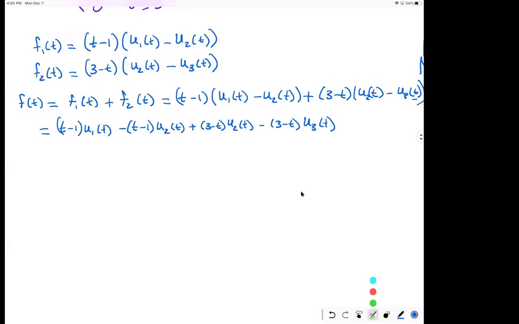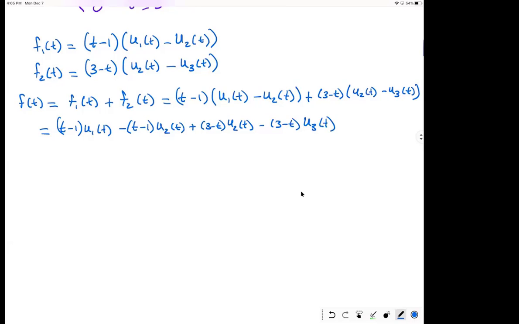So I just distributed each of those. This one like that, and this one like that. And that looks terribly messy up here now. Let me see if I can fix some of this to make this look nicer up here. Plus 3 minus t, there. That looks a little neater. Okay, so then I just distributed to get to the next line.